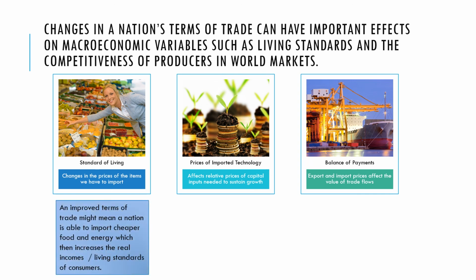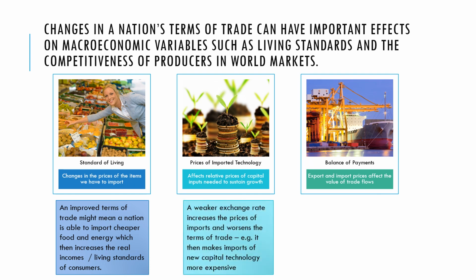For example, an improved terms of trade might mean a nation is able to import cheaper food and energy, which then increases real incomes and living standards. A weaker exchange rate may increase the price of imports and worsen the terms of trade. E.g., it then makes imports of new capital technology more expensive.